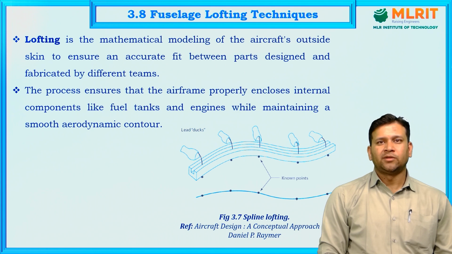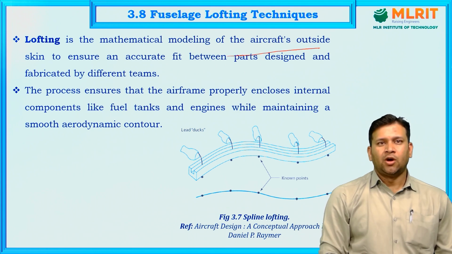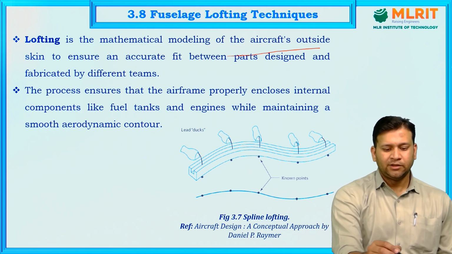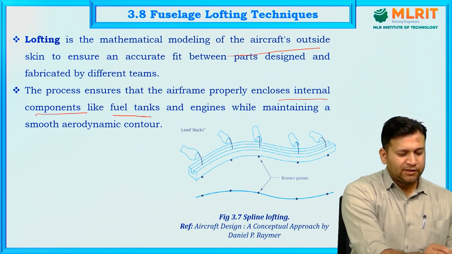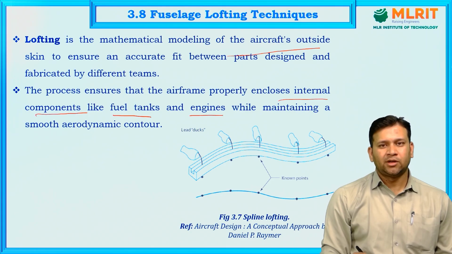Lofting is a mathematical modeling of the aircraft's outside skin to ensure an accurate fit between parts designed and fabricated by different teams. The process ensures that the airframe properly encloses internal components like fuel tanks and engines, while maintaining a smooth aerodynamic contour.